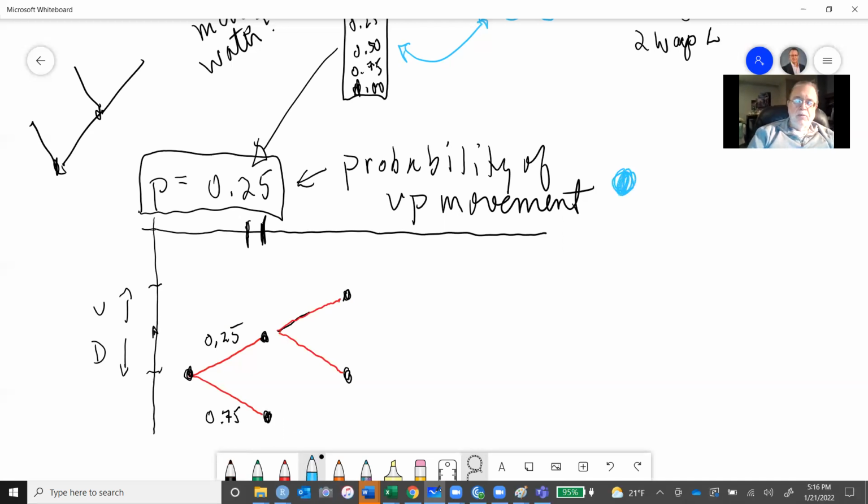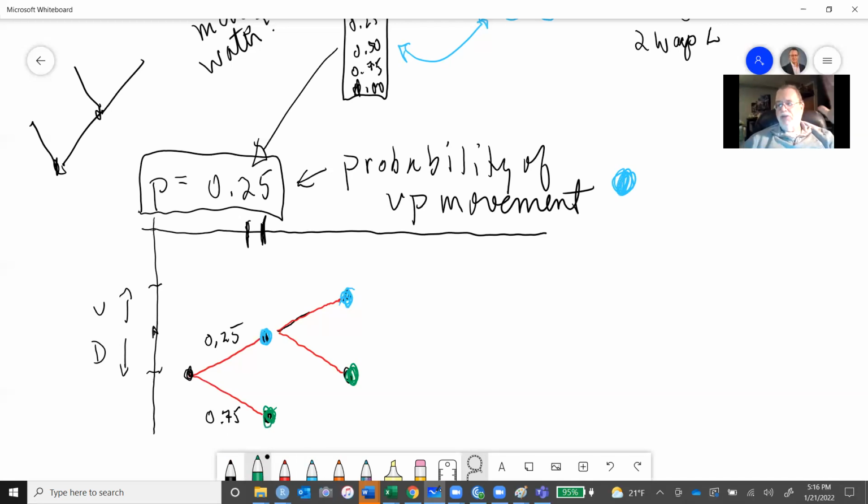So this is going to be water. This is going to be water. And the down movement is not water, otherwise known as land, green. Green. So these are all the possibilities that can happen, and then we parameterize these possibilities with 0.25.